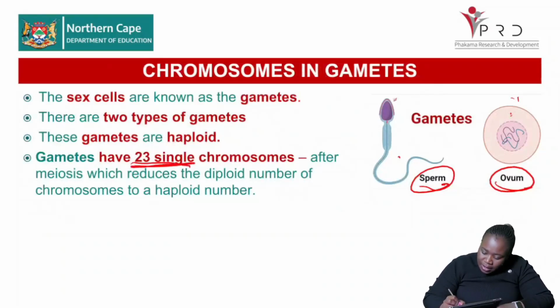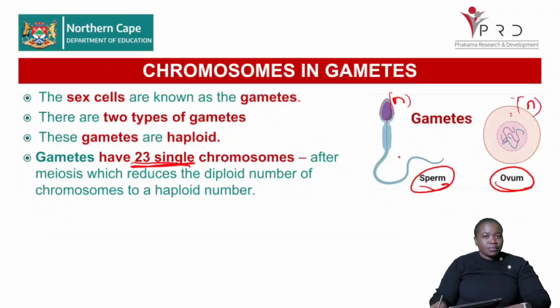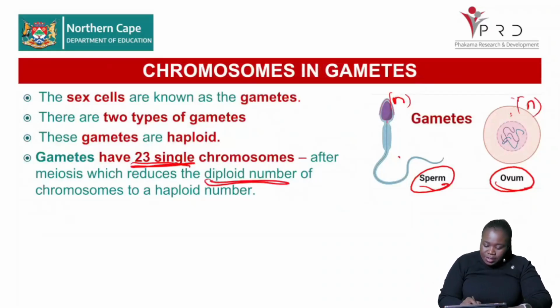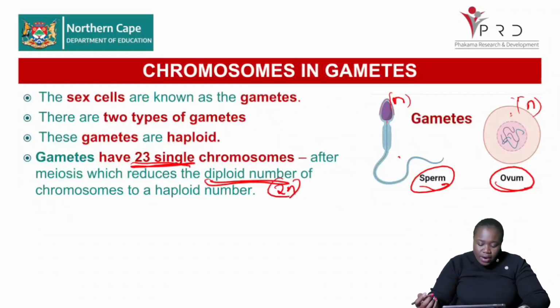With the sperm cells and the ovum, we say they are haploid, and haploid is represented by the letter n. Whereas with the somatic cells, we say they are diploid, and that would be represented by 2n. So 2n means diploid, n means haploid, right?